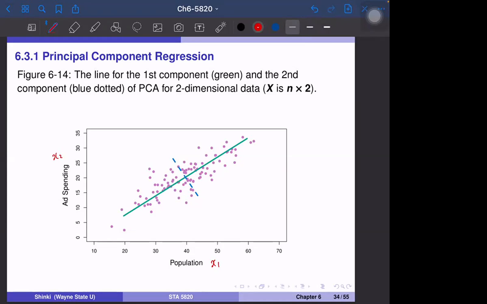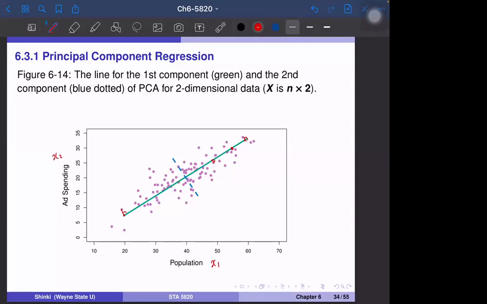So we have some relationship, and if we choose this green line and project each observation onto this line, that becomes basically the principal component.